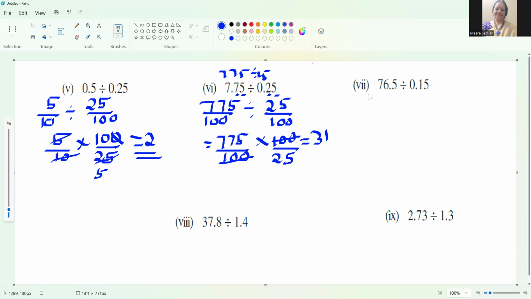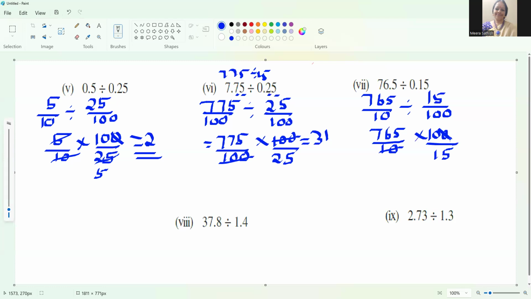Now here, 765 by 10 divided by 15 by 100. Now, 765 by 10 into 100 by 15. The 10 you can cut. Now, 765 divided by 15.